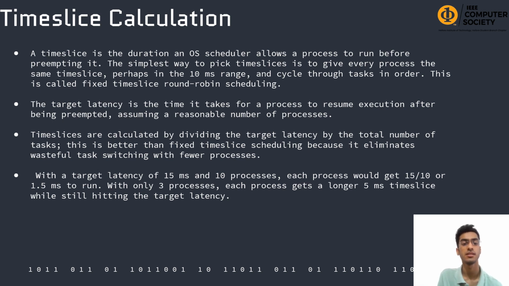This is better than the previous fixed time scheduling because it eliminates wasteful task switching with fewer processes. Let us consider an example with a target latency of 15 milliseconds and 10 processes. Each process would get around 1.5 milliseconds to run. With only 3 processes, each process gets a longer 5 millisecond time slice while hitting the target latency.